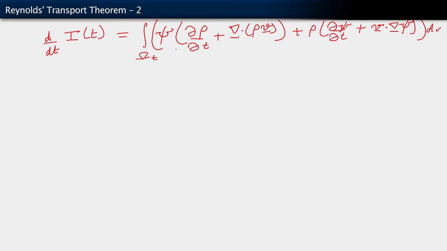But now I ask you, what is this? What I've just drawn a brace under is in fact what we obtained as the left-hand side of our mass conservation equation. This term therefore is zero from conservation of mass.